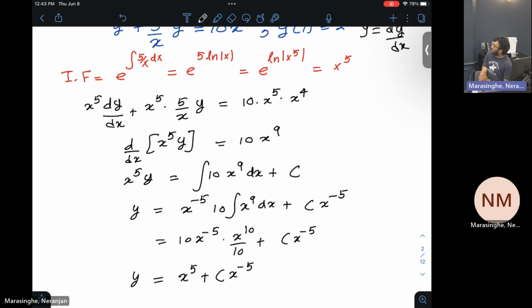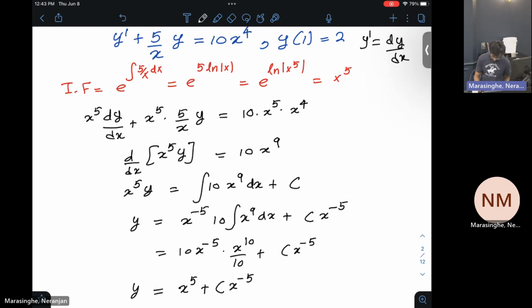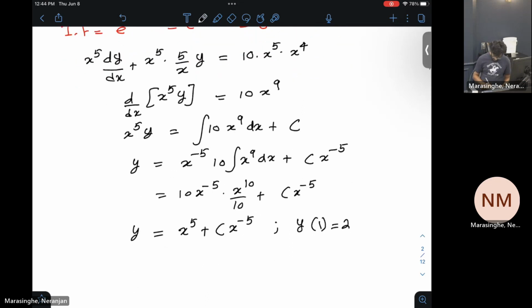Our final goal is to find the value of this constant c. For that, we can use the initial condition. Our initial condition is y(1) equals 2. Let's plug in our initial condition. Instead of x, I would plug 1, then y would be 2. So 2 is equal to 1 to the power 5 plus c times 1 to the power negative 5.